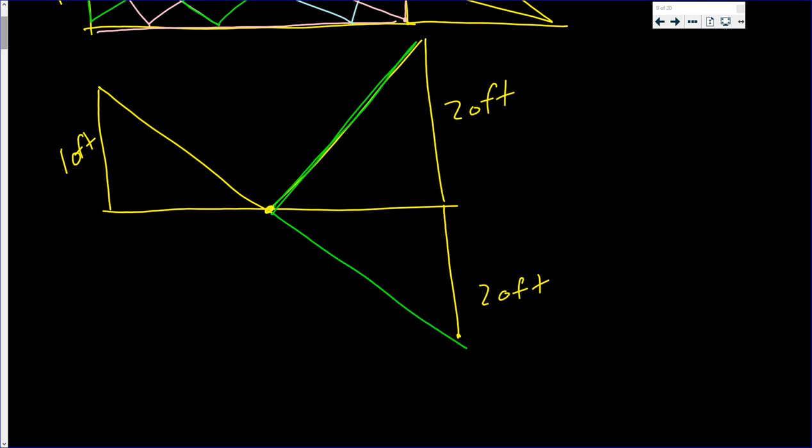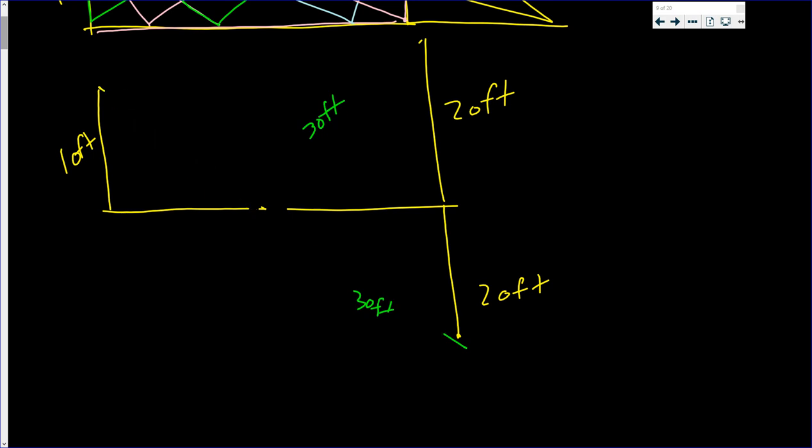They're similar triangles. If this is 30 feet, well then this is 30 feet. And I guess I really didn't mean to pick that point. I think it's important that I pick another point. Suppose I pick this point, that point. And suppose this is 30 feet. Wouldn't this also be 30 feet?